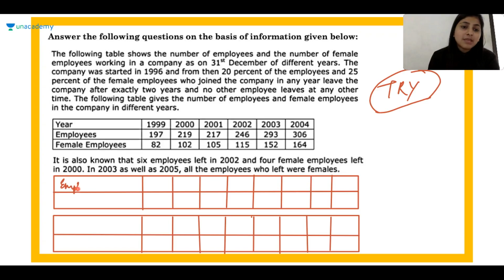So let's take employee and female employee. In one table we'll write down the people who joined and then left. Joined, left.